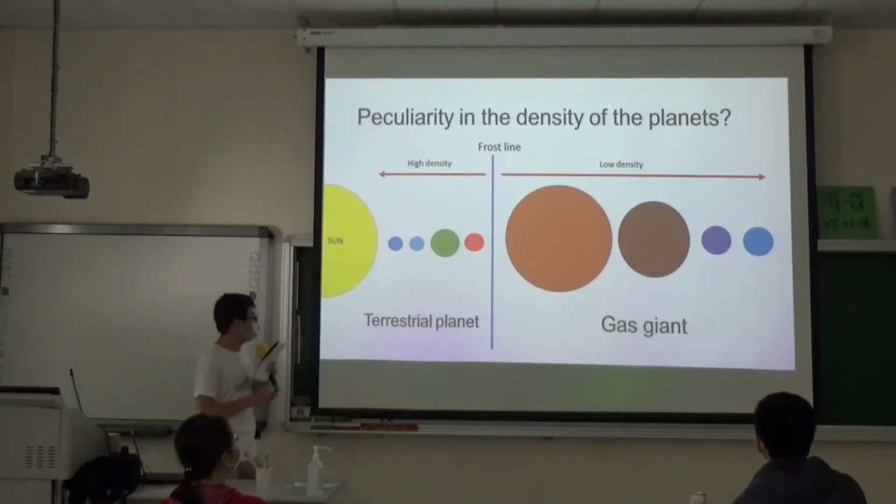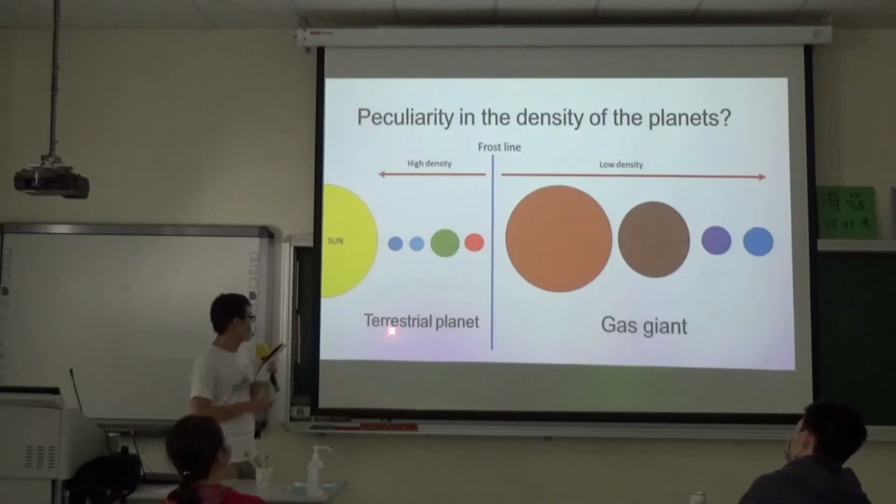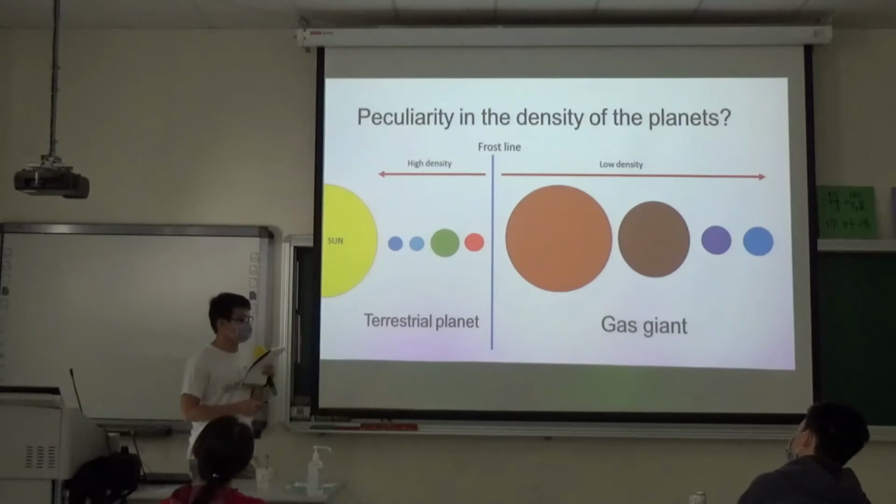So only some iron and some heavier elements stay inside the frost line. So they form the terrestrial planets. And outside the frost line will become the gas giants because the gas and the frozen elements are more rich.